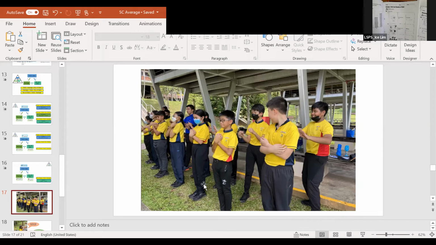I really like this 1, 2, and 3. Why? Because I can see they really try to, because you know what's the purpose of this activity? Trust your friend. Honestly, I also have trust issues. I'm scared of falling down. I also scared. And the truth is, yeah, I want to do it.